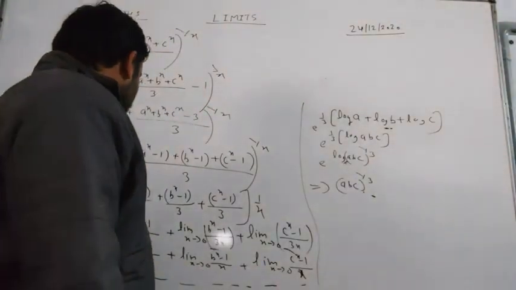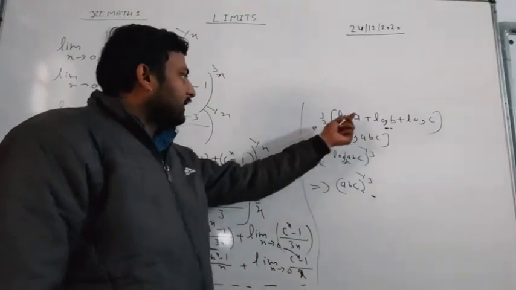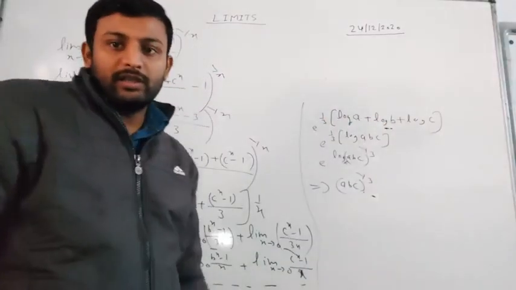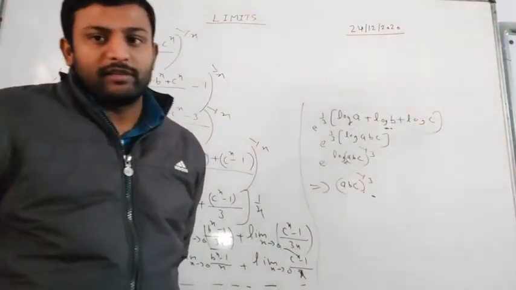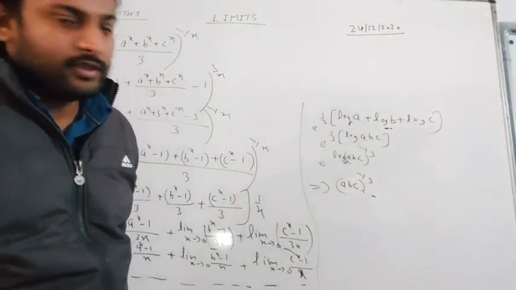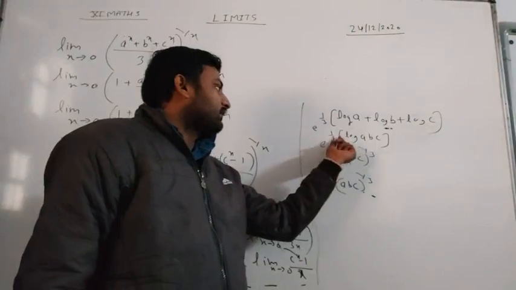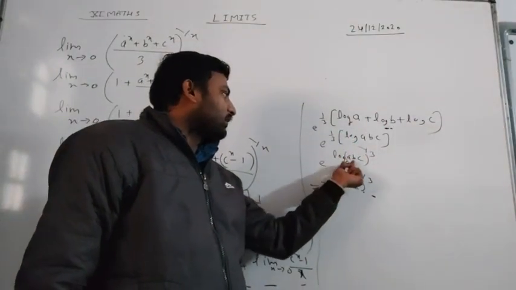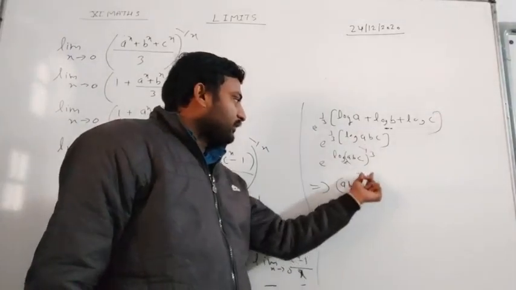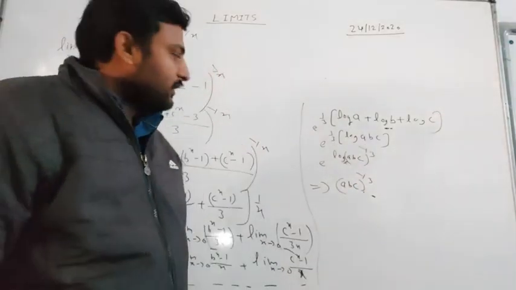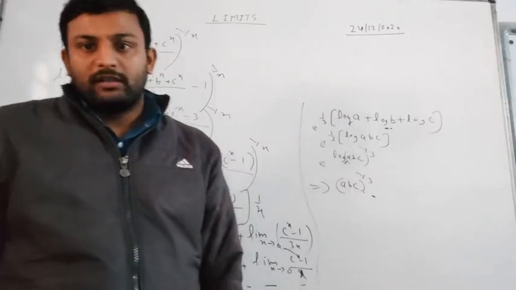So we write log a plus log b plus log c, which will be equal to log abc. So log abc and 1 by 3. So e to the power log abc to the power 1 by 3, so abc to the power 1 by 3.